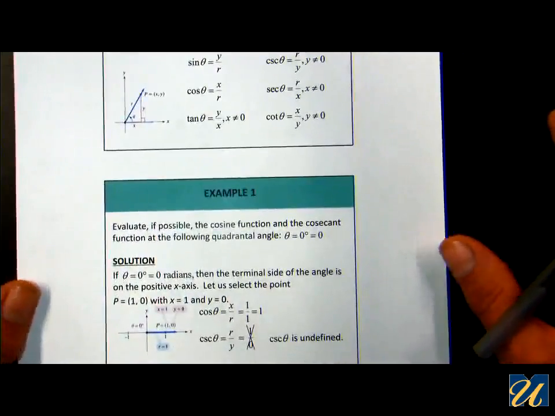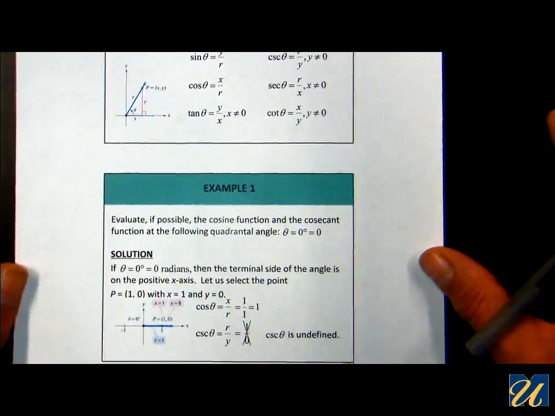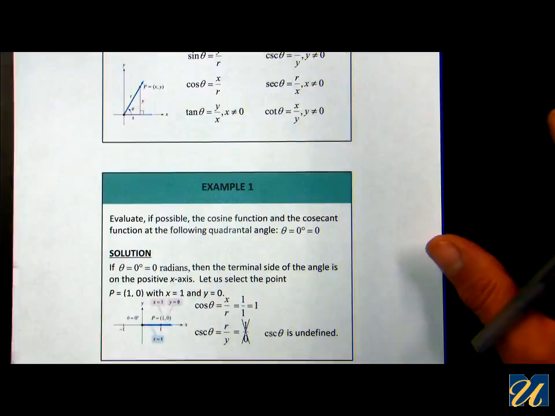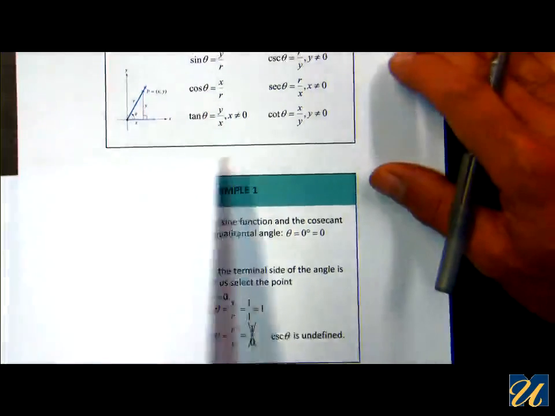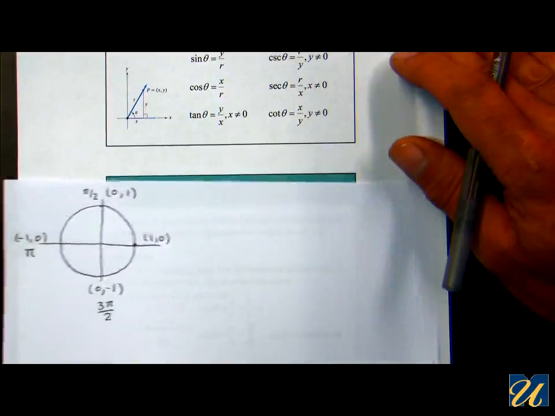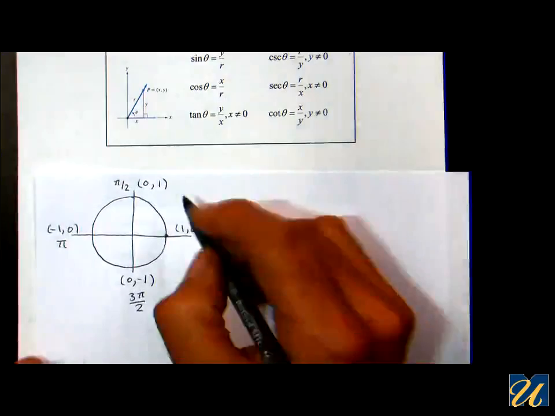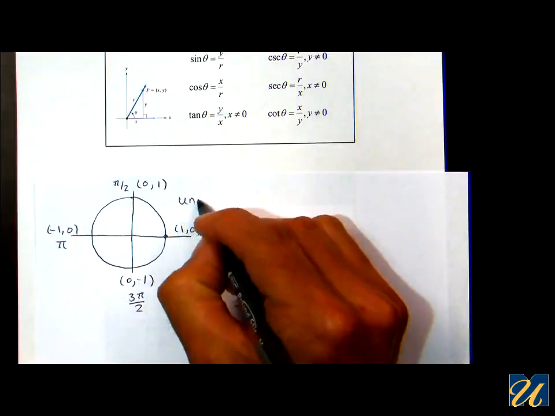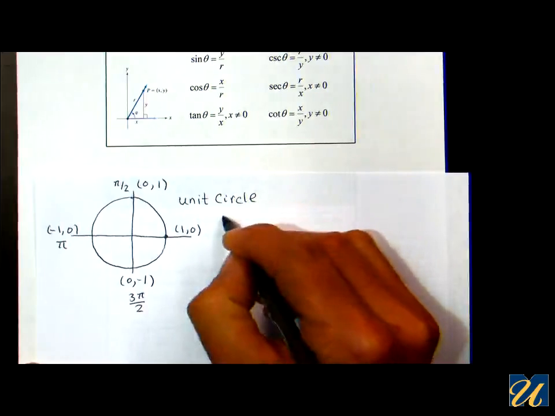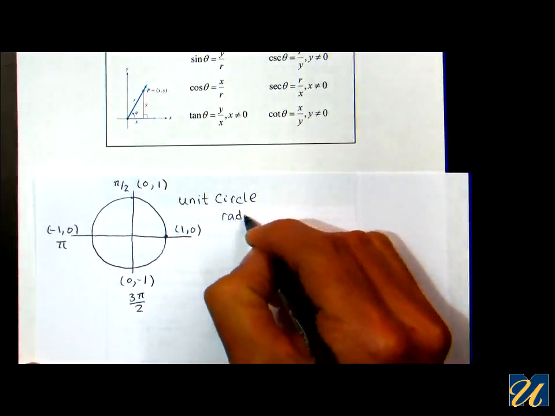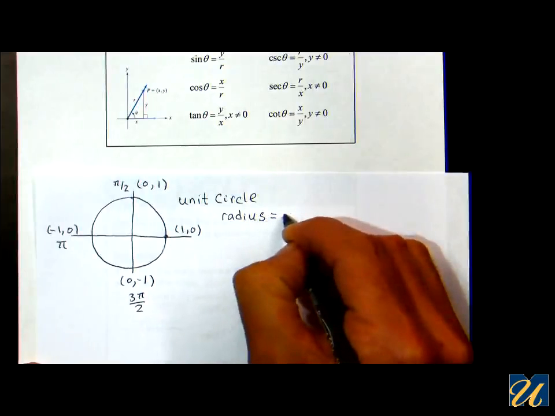I'm going to look at the first 4 examples together as a whole and discuss what is going on. With examples 1, 2, 3, and 4 here on the PowerPoint slide, what we are doing is looking at what's called the unit circle. The unit circle always has radius equal to 1.